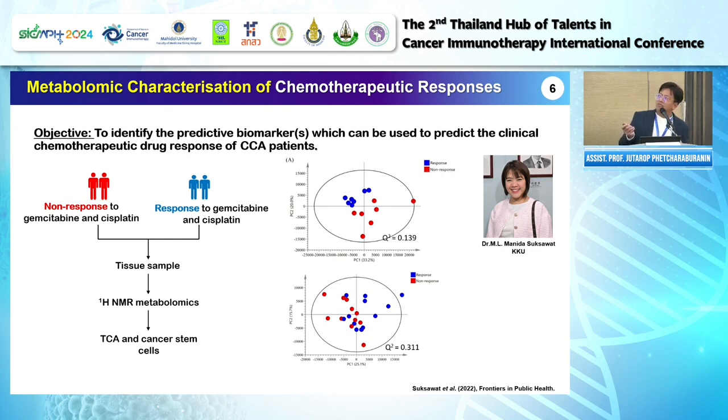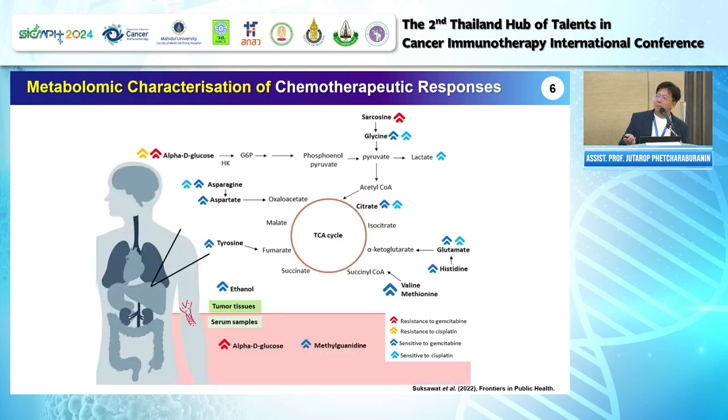We found that responders and non-responders to gemcitabine and cisplatin have very distinct metabolic patterns in the cholangiocarcinoma tissues, as shown on the PCA score plots here. We then came up with a schematic diagram of the mechanism underlying what is going on within the cancer tissues of responders and non-responders.